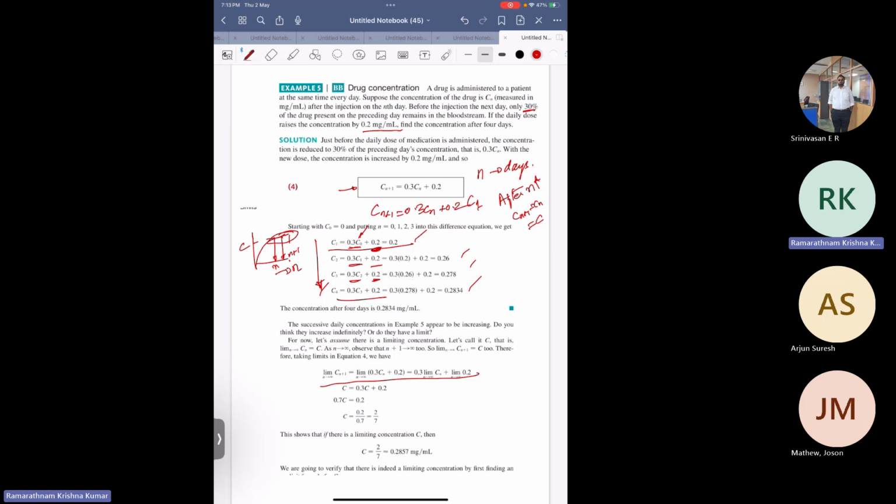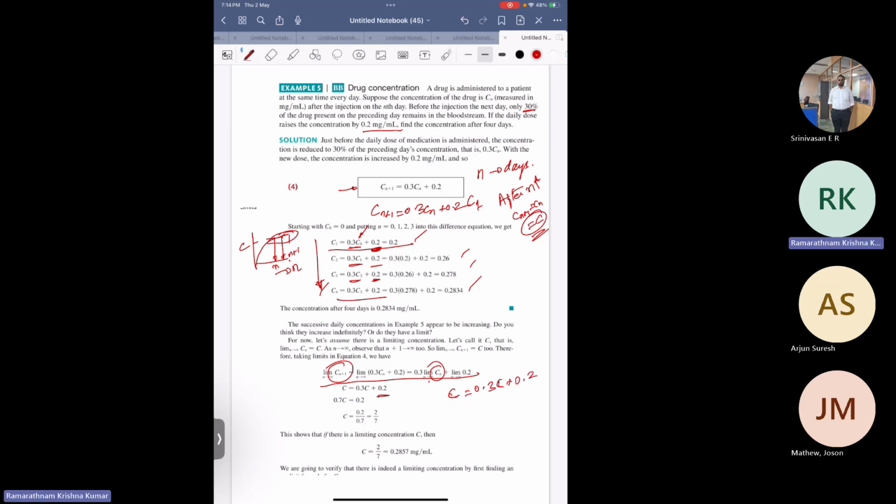So taking Cn plus 1 as n tends to infinity, 0.3 Cn plus 0.2. The limit as n tends to infinity for 0.2 will remain 0.2. Cn and Cn plus 1, both of them are C. So the limit as n tends to infinity, Cn becomes C, and the limit of Cn plus 1 is also C. So the equation becomes C is equal to 0.3 C plus 0.2.